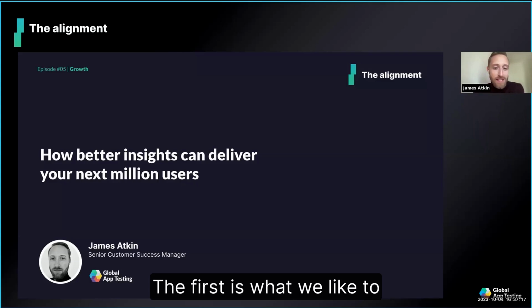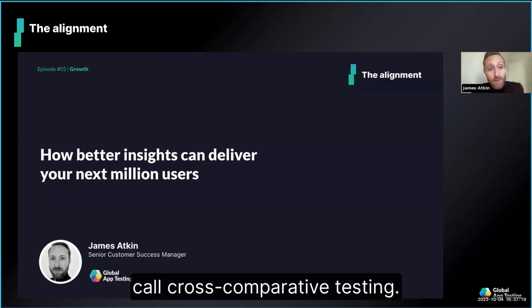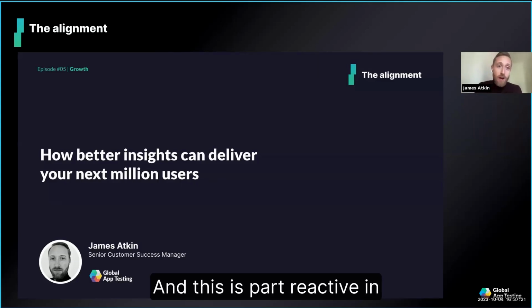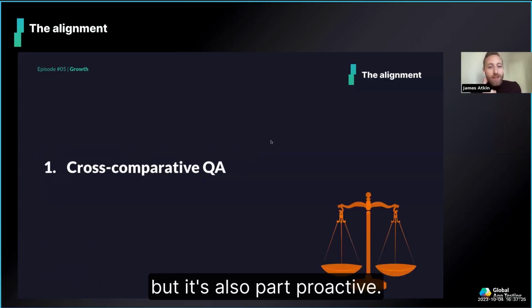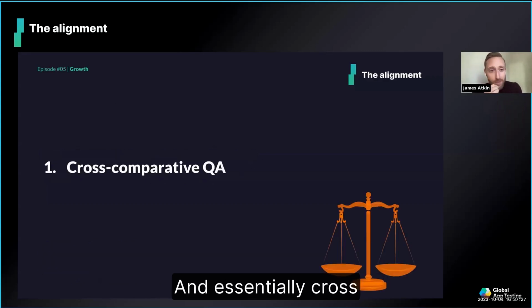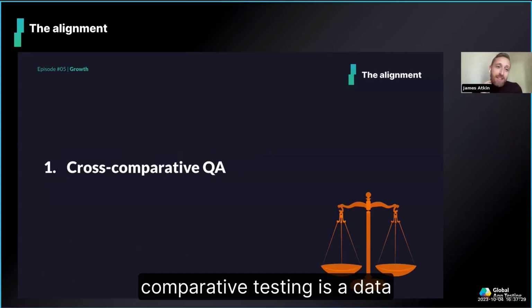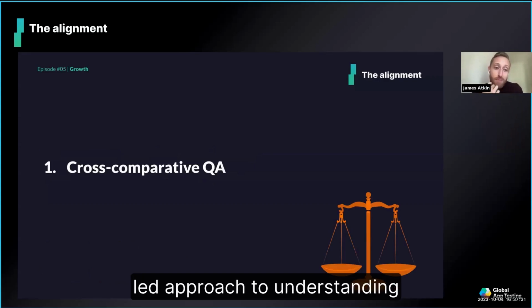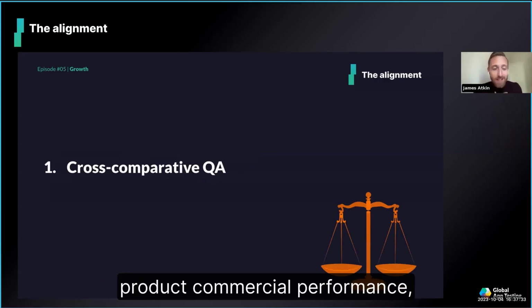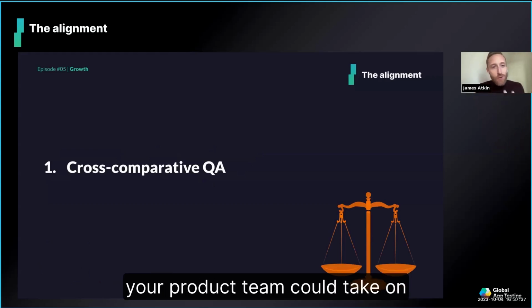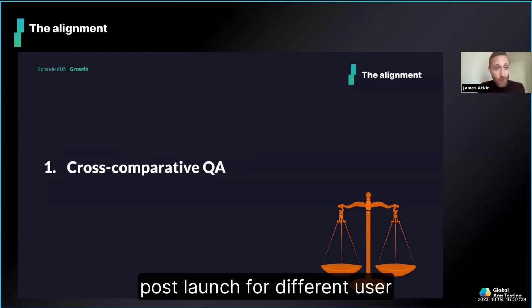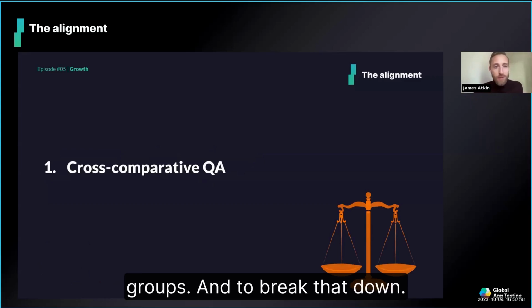The first is what we like to call cross-comparative testing. This is part reactive in the sense that it's QA, but it's also part proactive. Essentially, cross-comparative testing is a data-led approach to understanding product commercial performance, identifying issues and identifying actions which your product team could take on post-launch for different user groups.